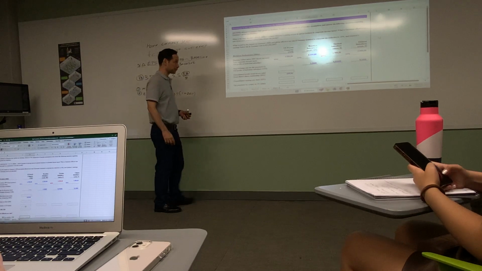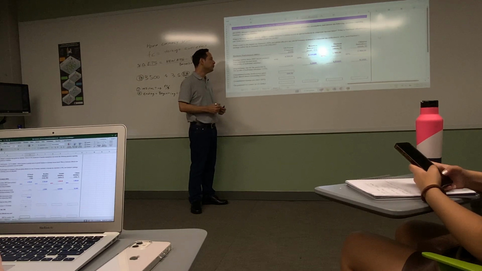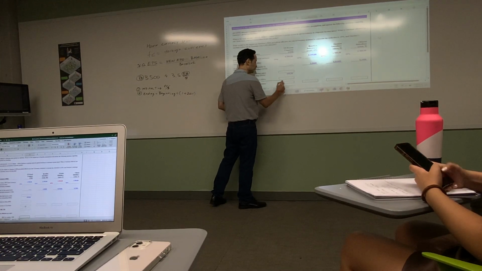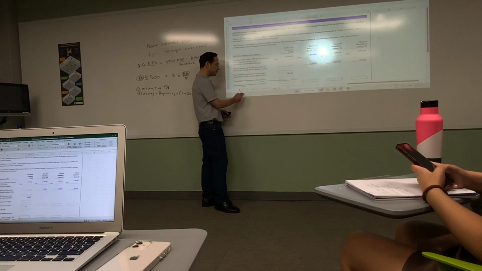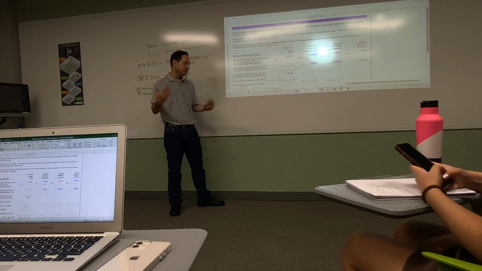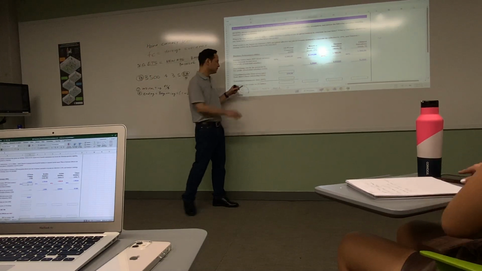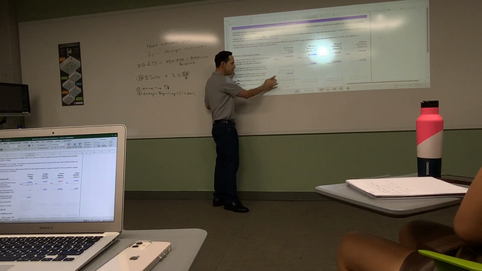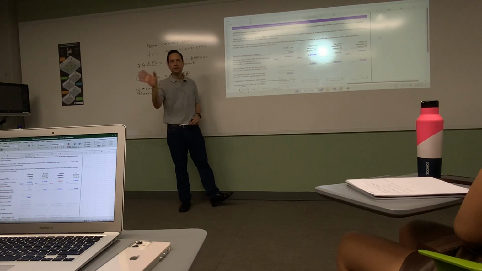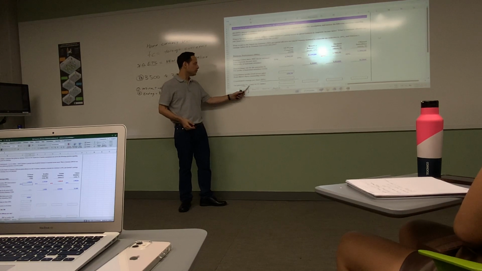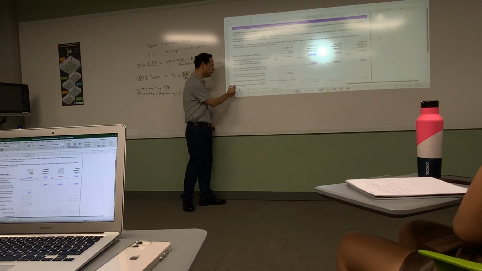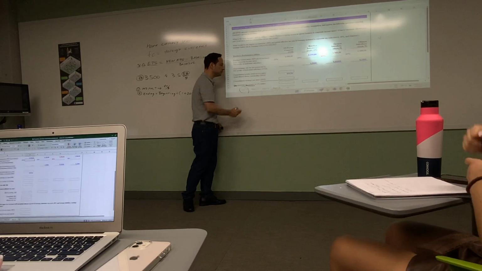So the first thing you do until this point is identical to 112. You go back to problem 112. All the data is the same as problem 112. So until this point, you get the same answer as in 112. Everything is the same. But then what we want to do now is calculate the taxes by country in dollars.